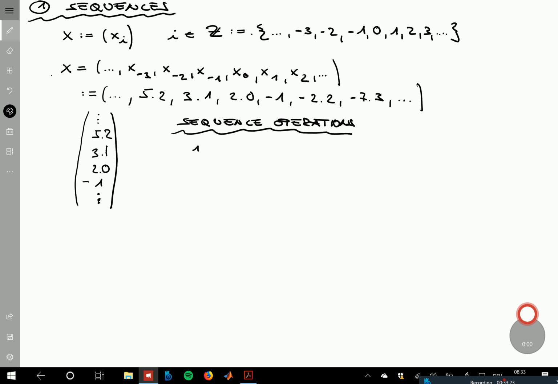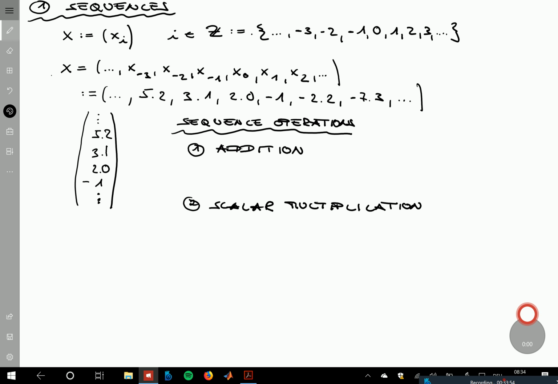One is sequence addition, and the other one is scalar multiplication of sequences. So these are the two sequence operations that we need to introduce convolution and everything else. And this is luckily fairly straightforward.